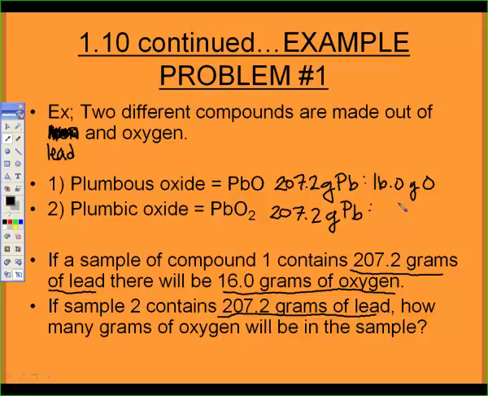That whole number ratio in this case is 2, because the amount of oxygen goes up 2 times from first to second. So if this goes up by 2, the mass of oxygen in that compound should be 32 grams. And remember, that's if you have 207.2 grams of Pb. All right, so there's example 1.